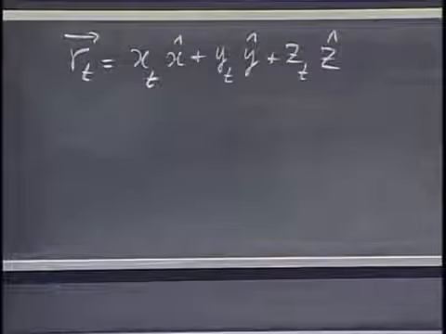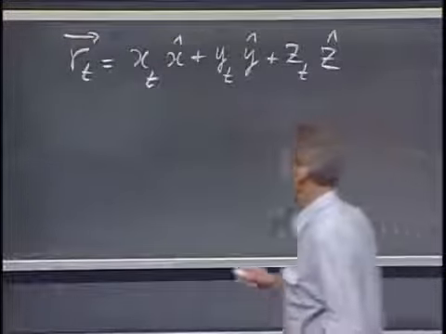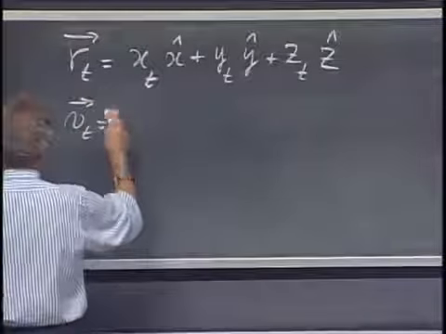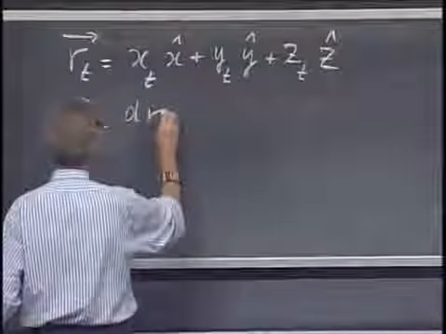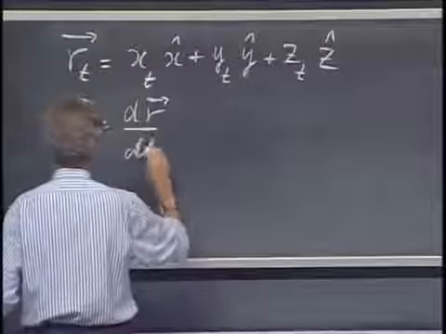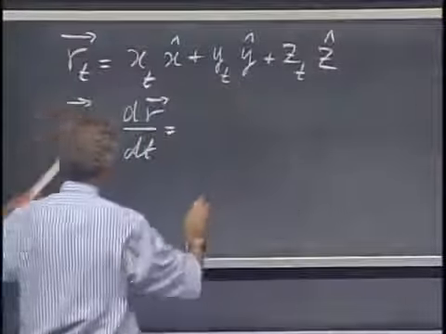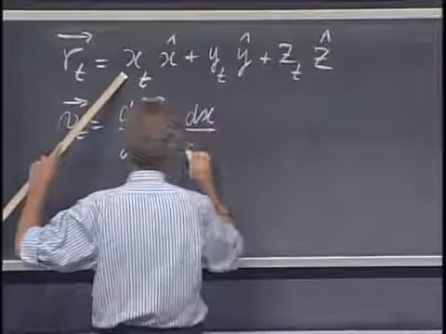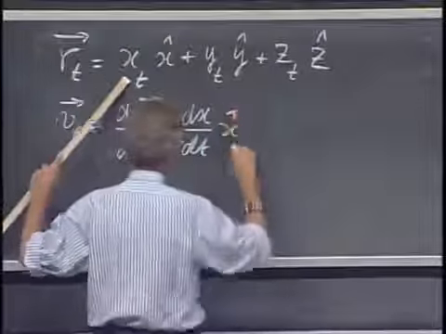What is the velocity of this particle? Well, the velocity is the first derivative of the position. So that is dr/dt. First the derivative of this one, which is dx/dt x roof.